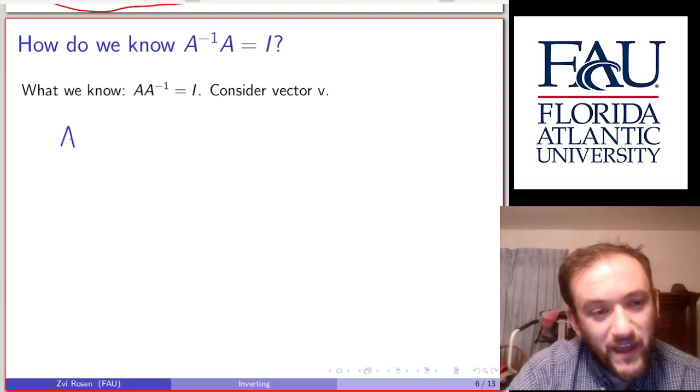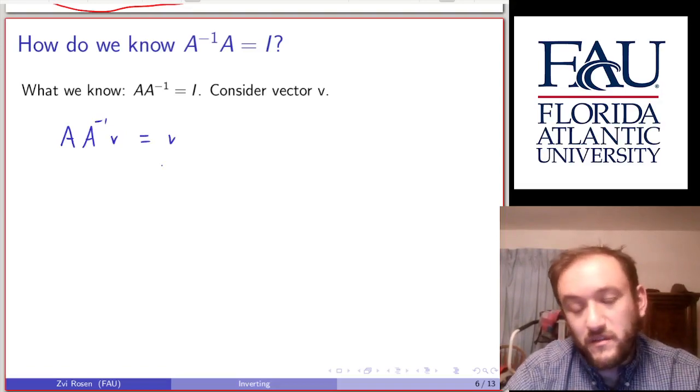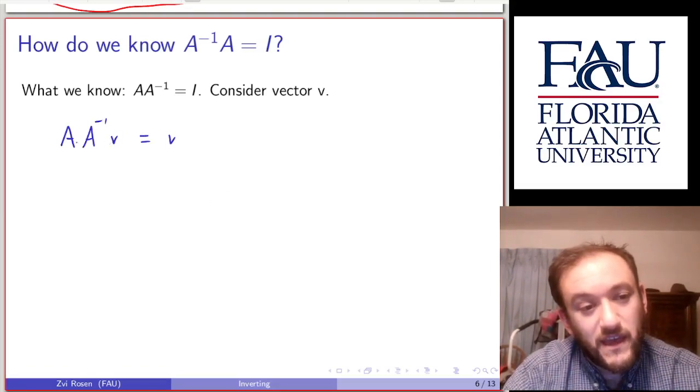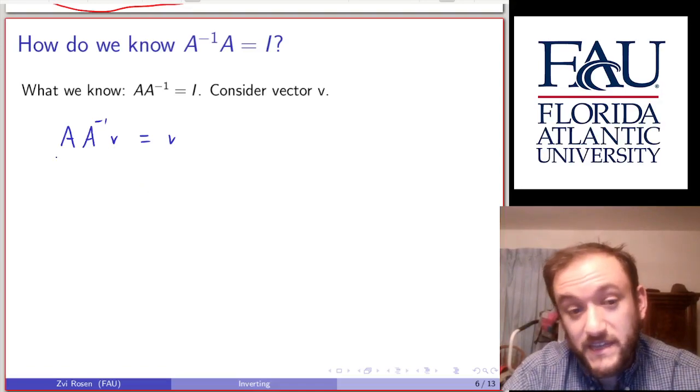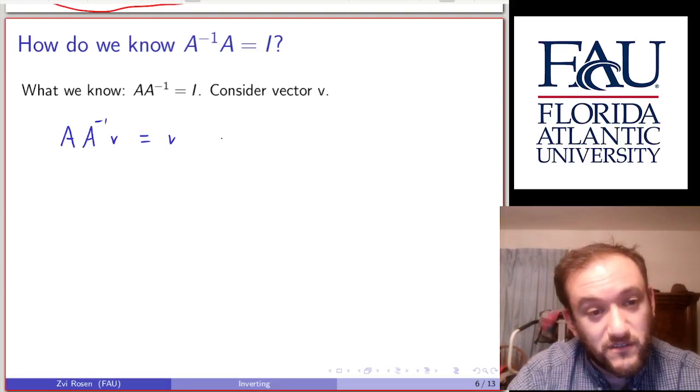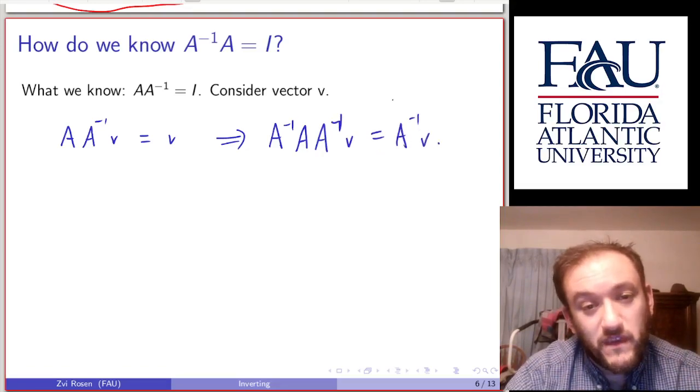We can think about how it acts on a given vector v. If we multiply v on both sides, we get A A inverse v is equal to v. Well, look at what happens when we multiply both sides by A inverse on the left. Then we get A inverse A A inverse v equals A inverse v.